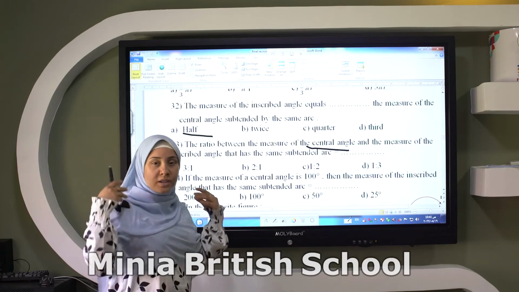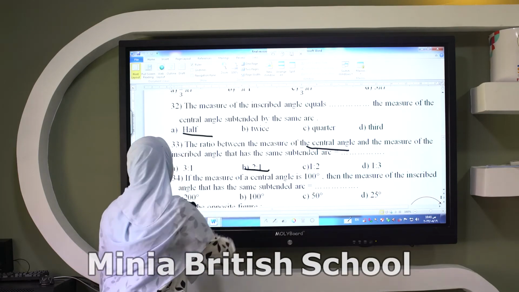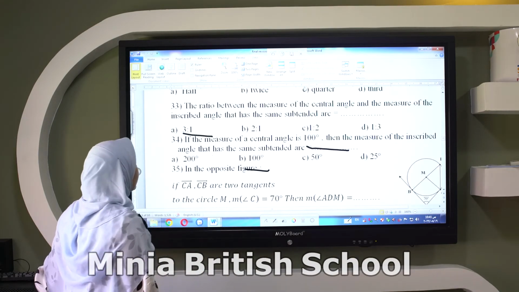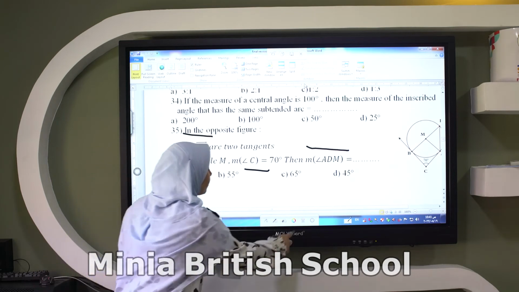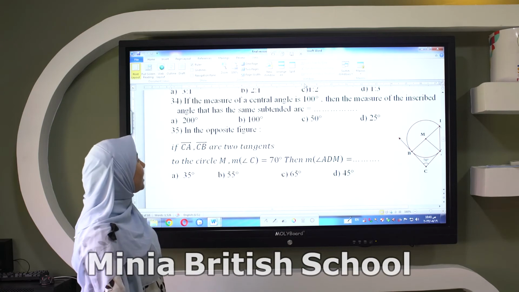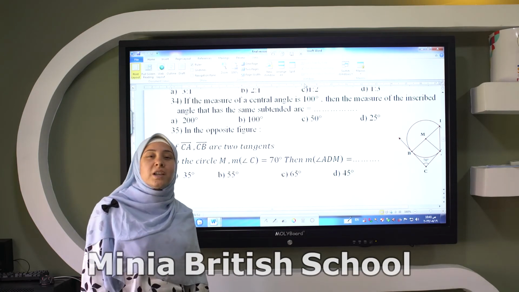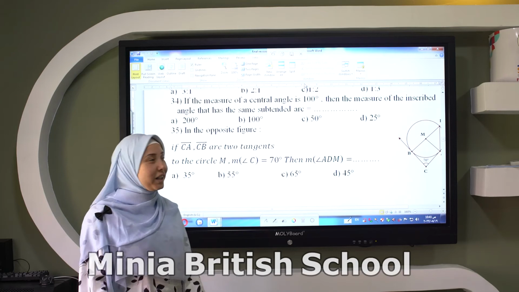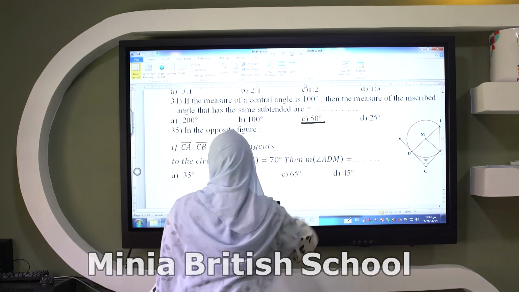In 34, if the measure of the central angle is 100, then the measure of the inscribed angle that has the same subtended arc equals half the measure of the central angle, equal to 50 degrees.